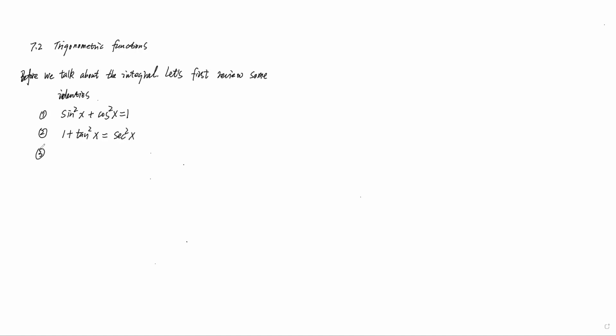Third is sine squared x is half of 1 minus cosine 2x. Fourth, cosine squared x is half of 1 plus cosine 2x.